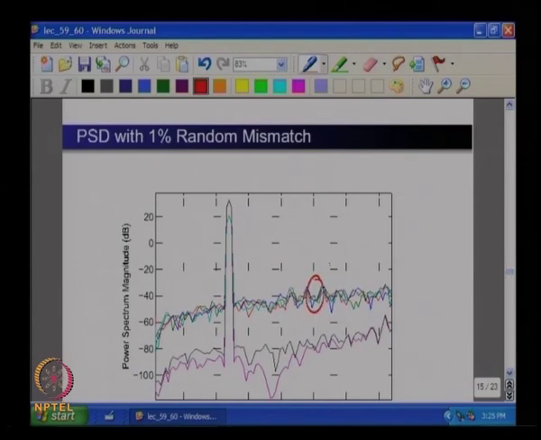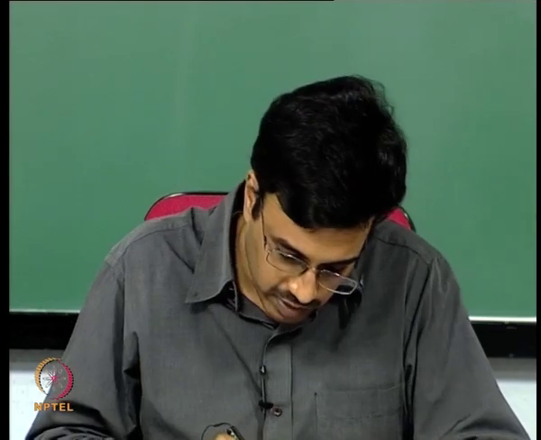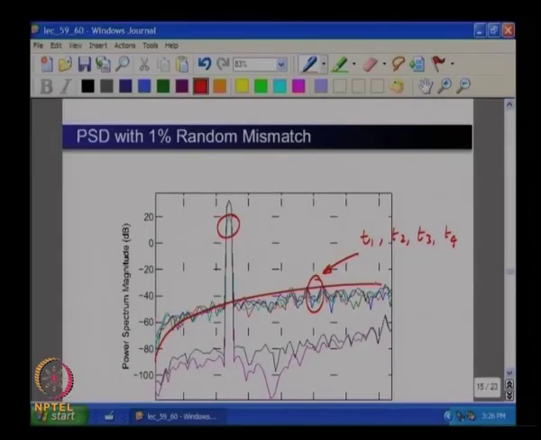Now you can go and decompose V1 and V2 into 2 single bit sequences, and these are the PSDs of T1, T2, T3 and T4, which are the PSDs of the individual drive waveforms of the unit elements. As usual we can see that the signal component in each one of them is the same, and you can see this shaped sequence, which corresponds to S2 by 4 plus S1 by 2, or vice versa.